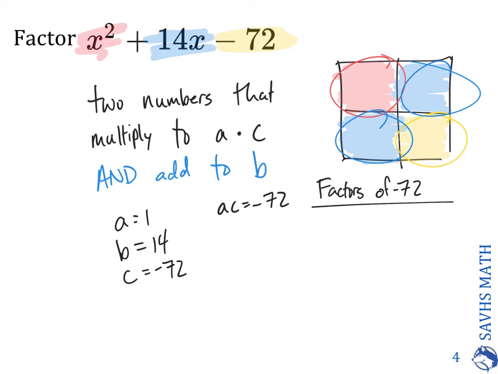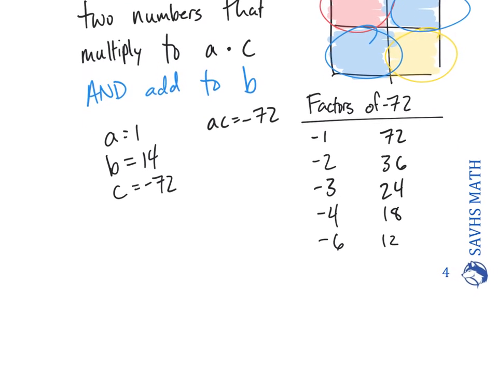So I could have negative 1 and 72. I could have negative 2 and 36. I could have negative 3 and 24. I could do 72 divided by 4 is 18, so I could have negative 4 and 18. I could have, not 5, 72 divided by 6 is 12, so I could have negative 6 and 12.